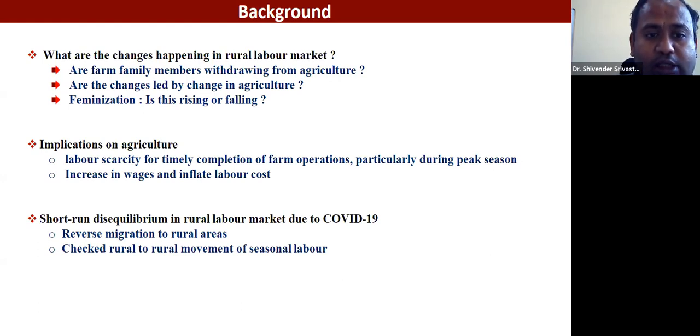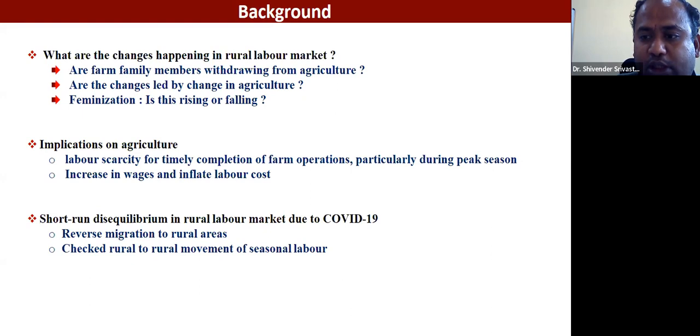Are the changes in the rural labor markets taking place primarily because of agriculture? Because in both rural and urban areas, agriculture generates the least income, if we leave aside labor and other things. So we ask whether the changes, or employment diversification, are driven by agriculture or not.